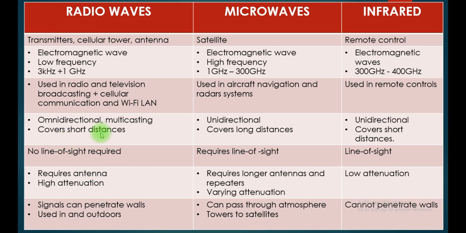So if you notice, for instance, with the cell towers, they are strategically placed, I think about 20 kilometers or 20 miles apart, because up to a certain distance they start to lose signal. You have to introduce another tower to capture the signal and send it on to the next point.